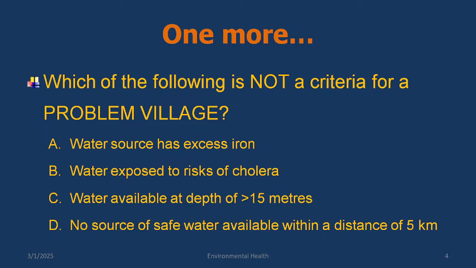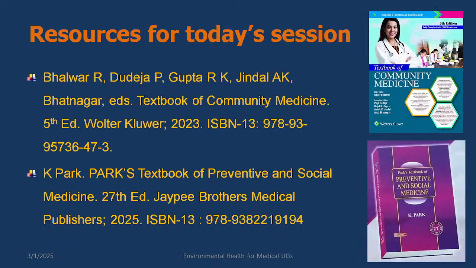Water source has excess iron, water is exposed to the risk of cholera, available at a depth of more than 15 meters, no source within a distance of 5 kilometers. Okay, we will have only one try, we don't have much time. Just try once. C. Okay, sorry. So water source, this is not a criteria, all other three are criteria.